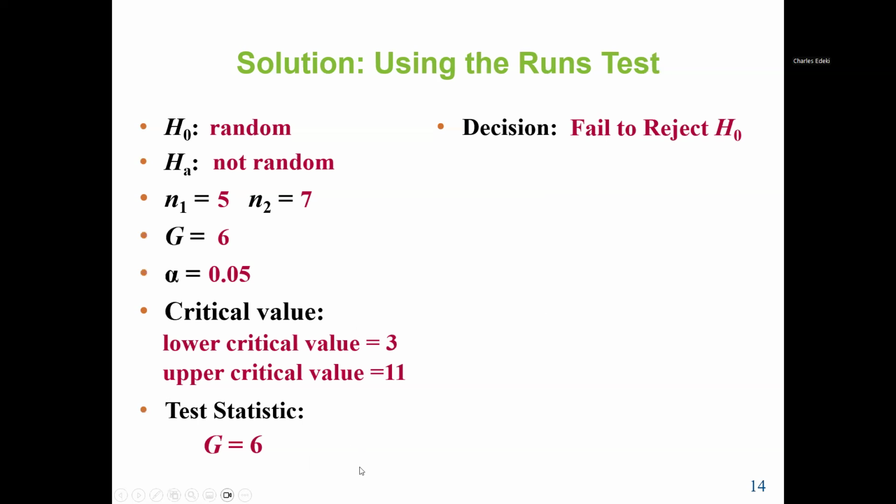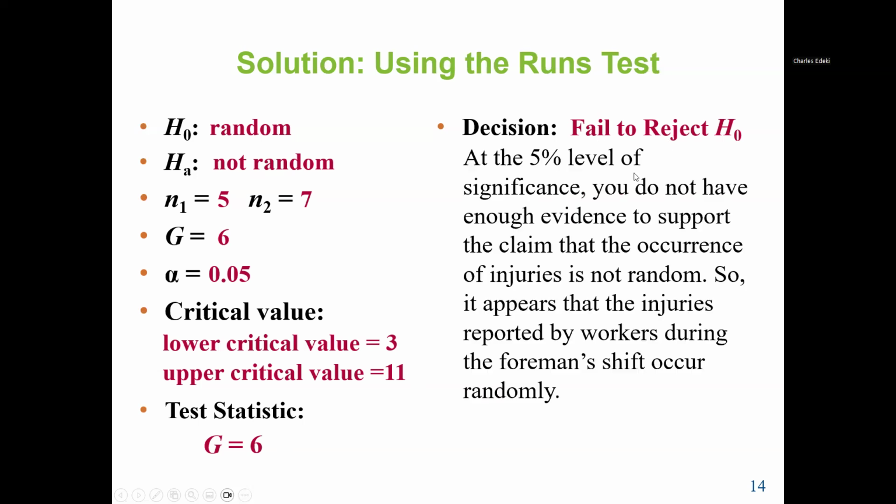So now we know G is 6, and we can see that it fell within 3 and 11. Now, the condition tells us that if G is below the lower critical value or above the upper critical value, then we are going to reject H0. But G equals 6 is within 3 and 11, so we fail to reject H0.